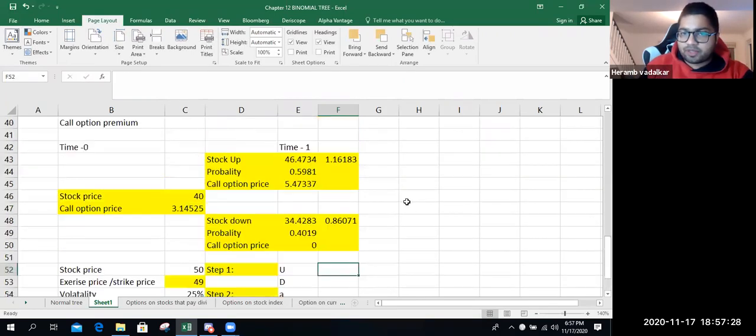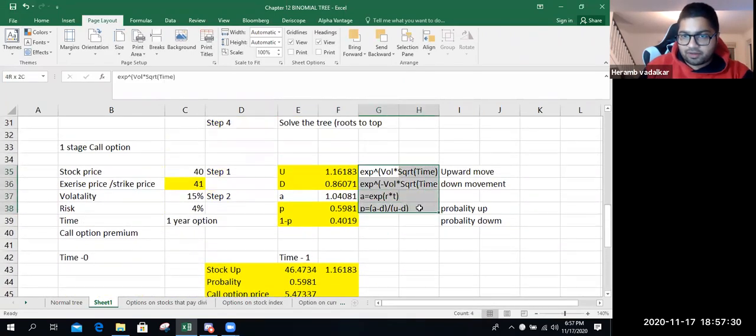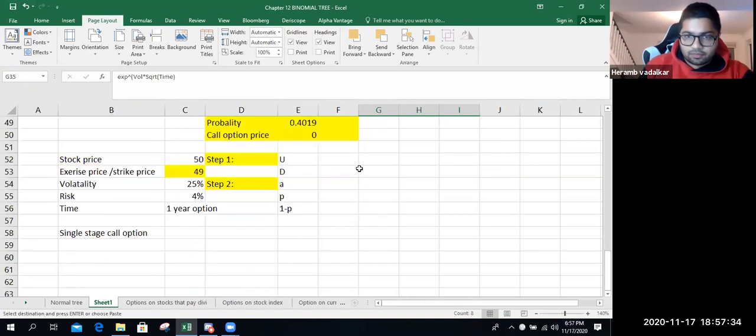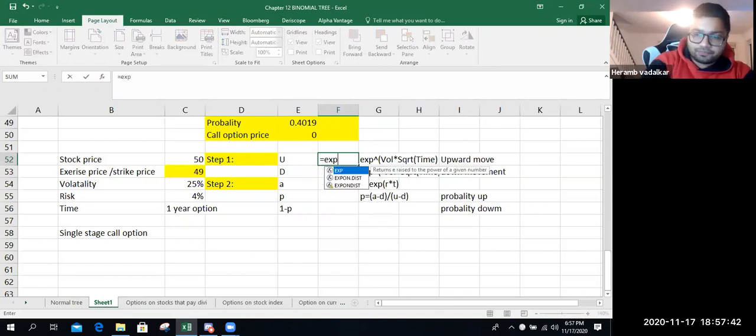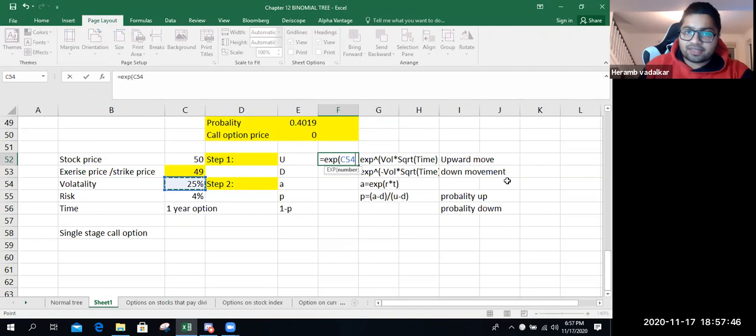I'll again copy the formulas so that you can refer. So these are the formulas. So let's start. U is calculated as exponential volatility 25% times square root of T. T is 1.